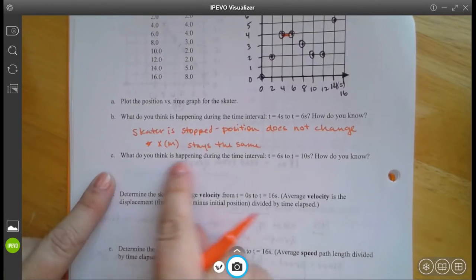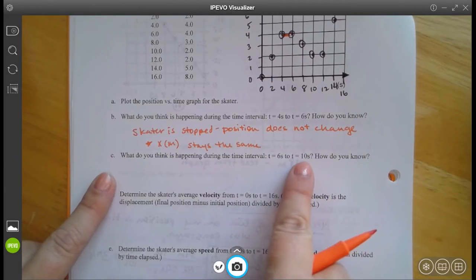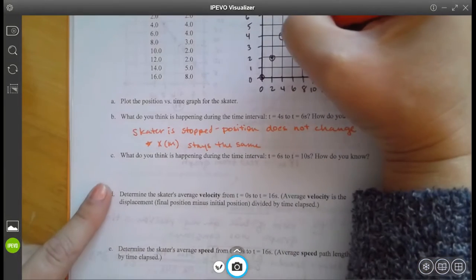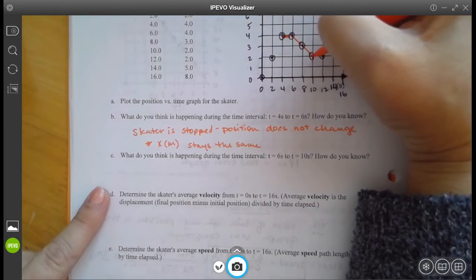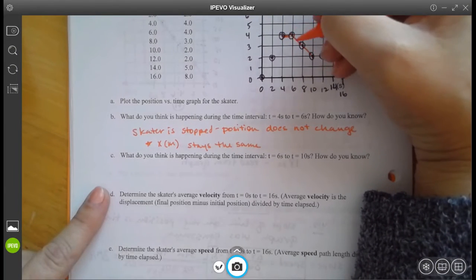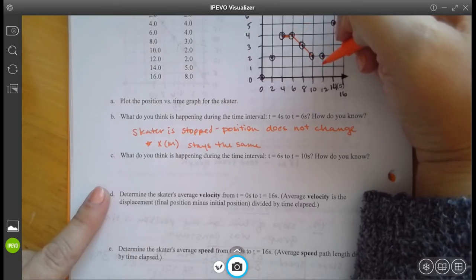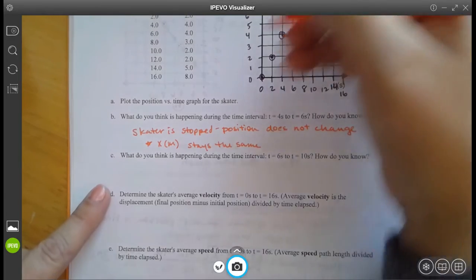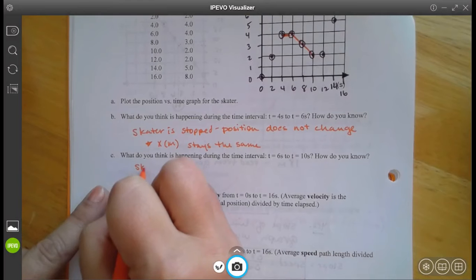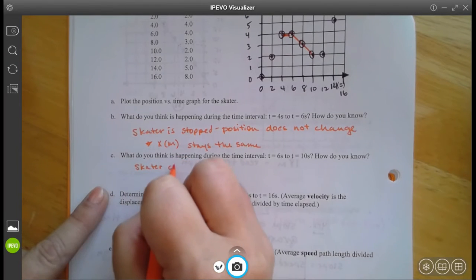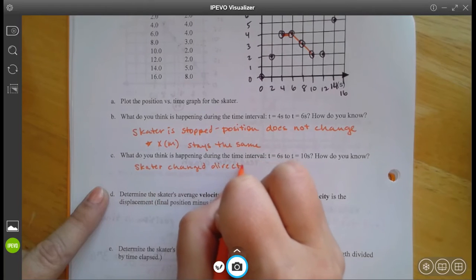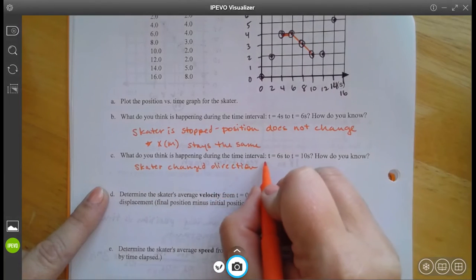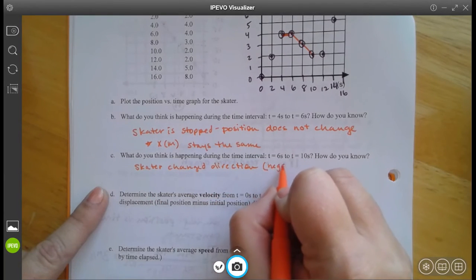What do we think is happening in the time interval from 6 to 10 seconds? How do we know? 6 to 10 is this period right there. And in that portion, our skater has changed direction and has changed speed. The direction that he's traveling now is in the negative direction.